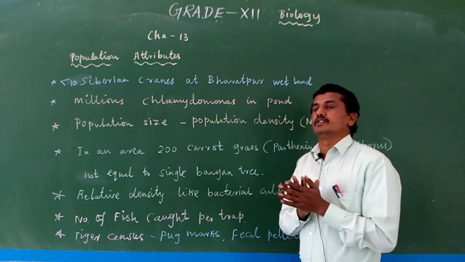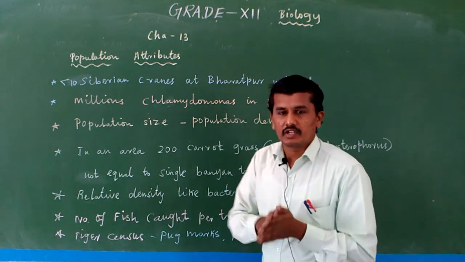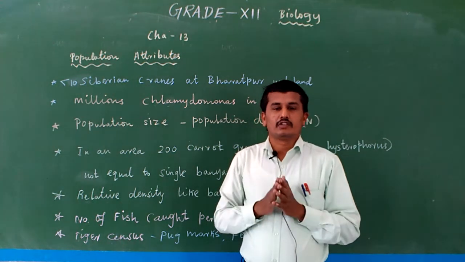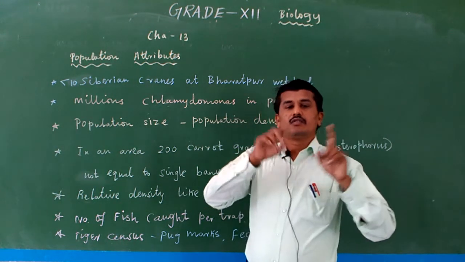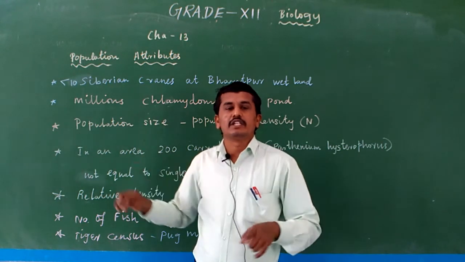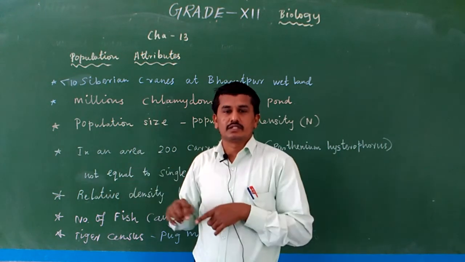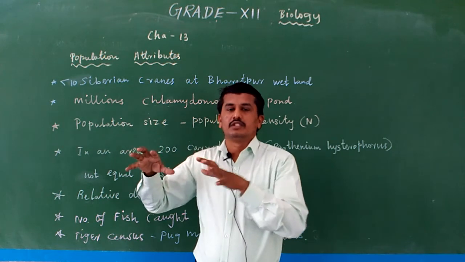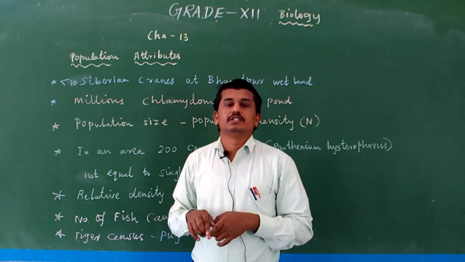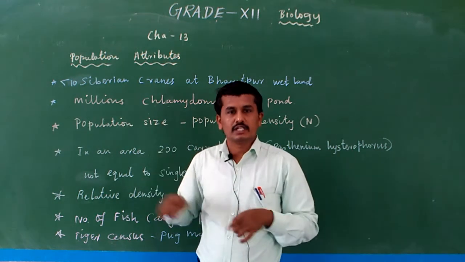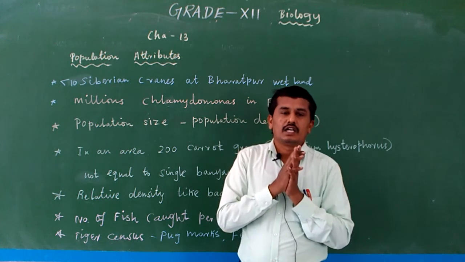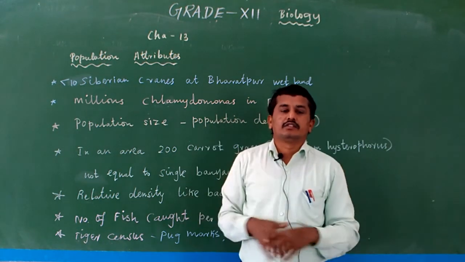Relative density means, for example, in 1 kilometer of forest, to count the grass we take 4 to 5 areas and count the grass population in 1 meter by 1 meter. In 10 different places, we count the grass population in a 1 meter by 1 meter area, and we average and calculate for a particular acre.